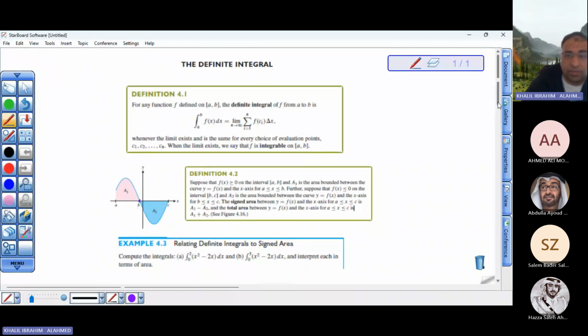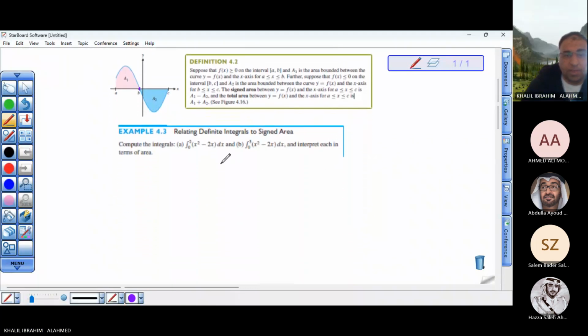Okay, let's start here. For example, as you see here, compute the integrals. Question a: the integral from 0 to 2 of (x squared minus 2x) dx. This is the lower limit, this is the upper limit.